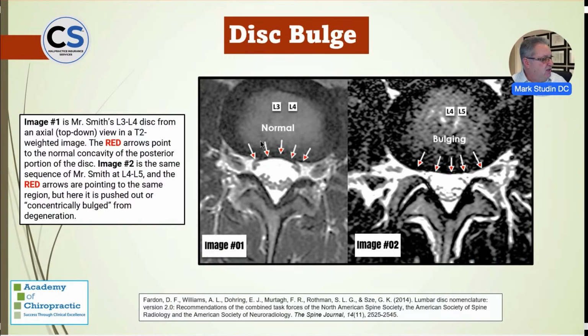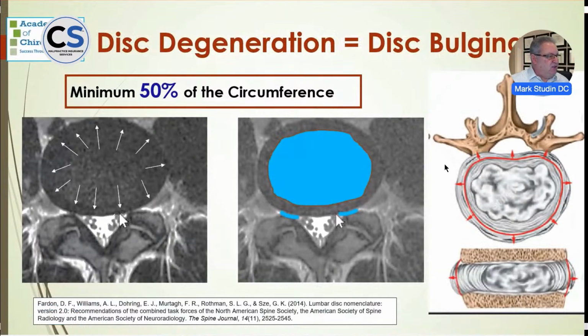So we just discussed this. The red arrow points to where it bulged from going concave to convex. Now, when we look at disc degeneration, a degenerative disc and a disc bulge are synonymous. When there's degeneration, it's a minimum of 50% of the circumference. The hallmark is you look right here at the neural canals, here and here.